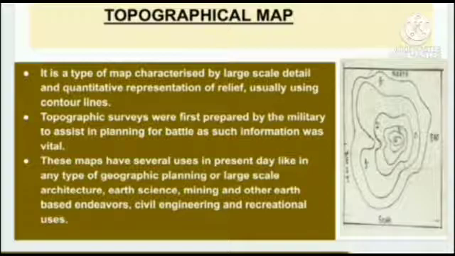The most distinctive characteristic of a topographic map is that the three-dimensional shape of the Earth's surface is modeled by the use of contour lines.